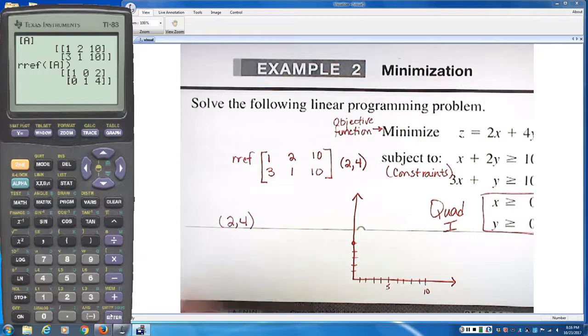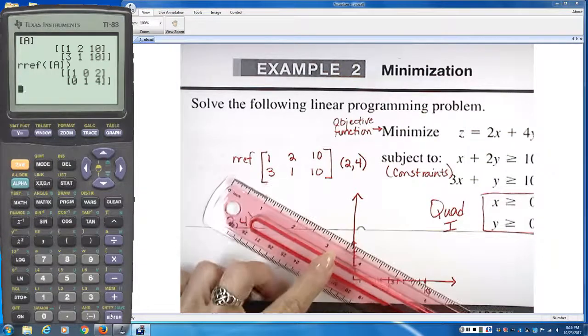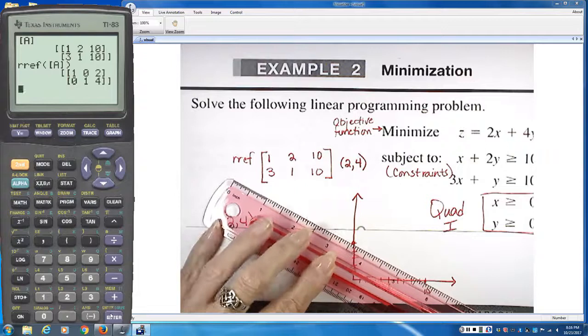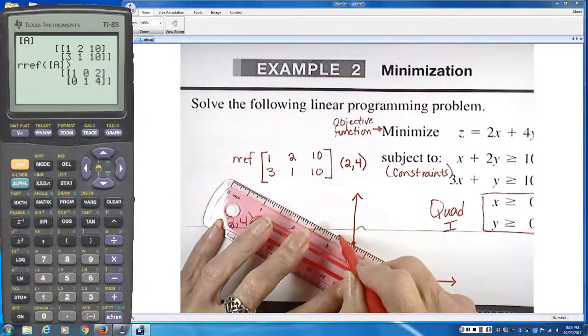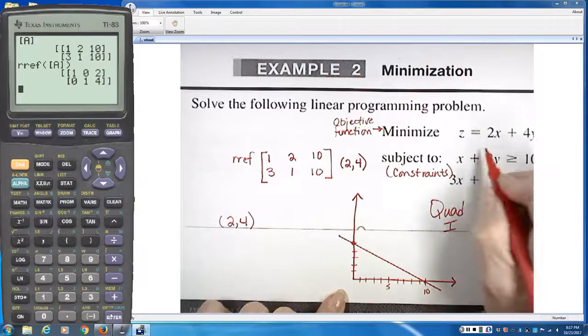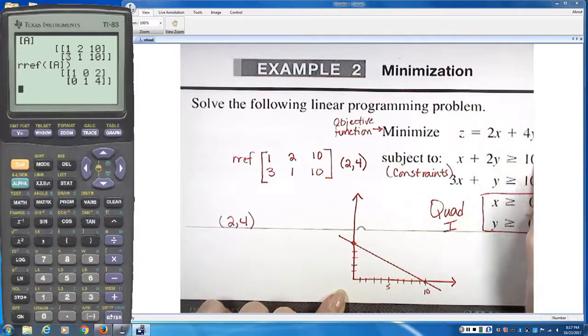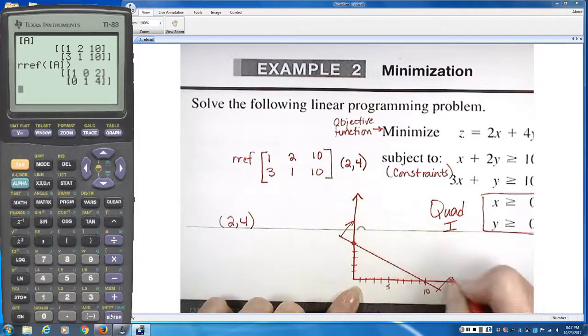So I'm just going to sketch the graph. And 0 plus 0 is 0. Is 0 equal to or greater than 10? No. So I'm not going to shade towards 0. I'm going to shade up.